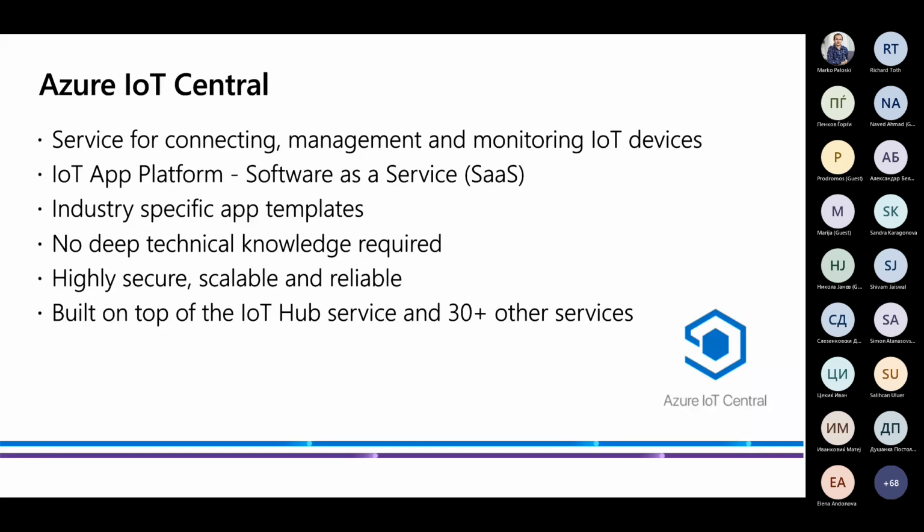It provides us with an extremely safe and reliable communication between the application and the devices it manages too. It allows two-way communication, but it's a software as a service solution and not a platform as a service solution. It provides specific templates, as I told you before, and for this reason, it doesn't require deep technical knowledge, so it's easier.